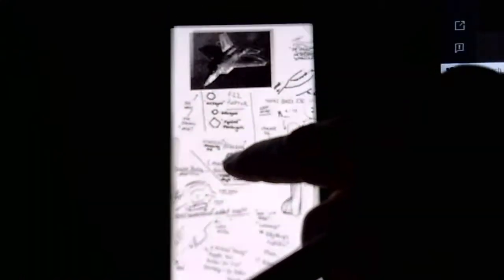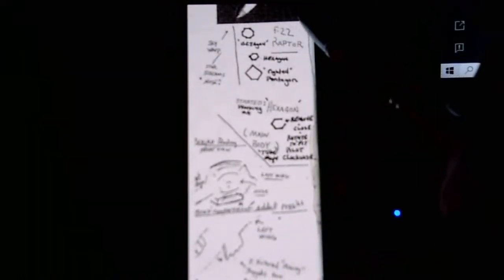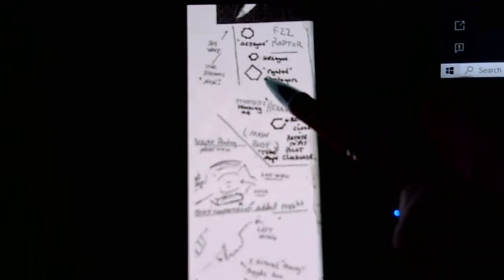And so what they do is you have your octagon, you go into your hexagon, and then you write it as the pentagon.